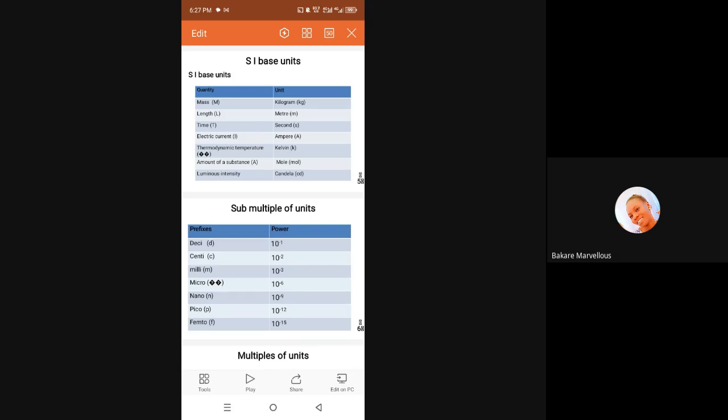Thermometer. So we use the thermometer in measuring temperature. Very good. Okay.